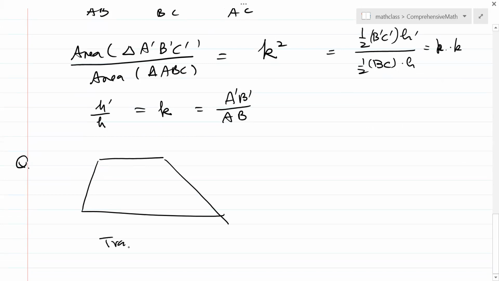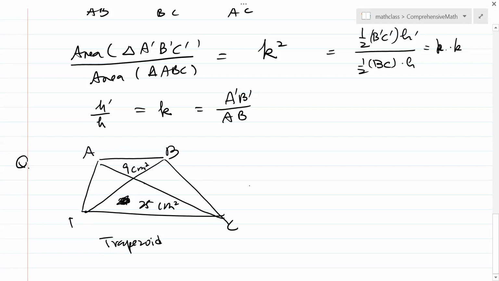Let's look at a trapezoid. Here the areas use units, so square centimeters, and 25 square centimeters. I want to find the area of this.